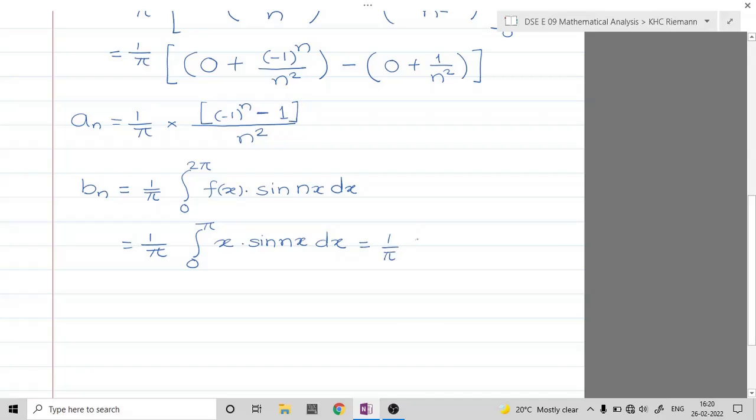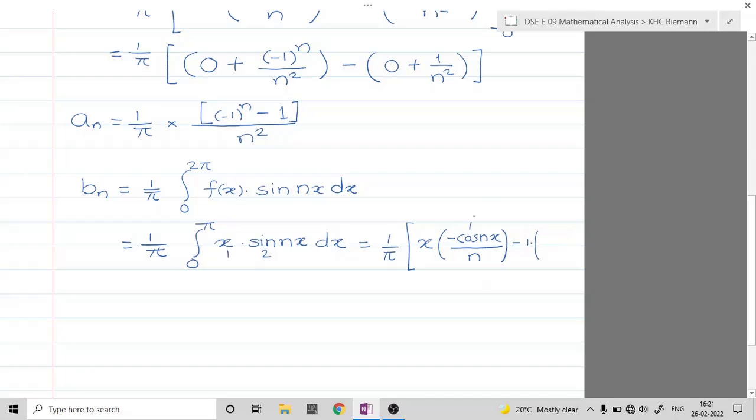1 upon pi, again use the generalized integration by parts rule. First x, second is sine, because the derivative of x vanishes early. x as it is, integration of sine. Integration of sine is minus cos nx divided by the derivative of nx. Derivative of nx is n. Alternate plus minus. Derivative of x is 1.